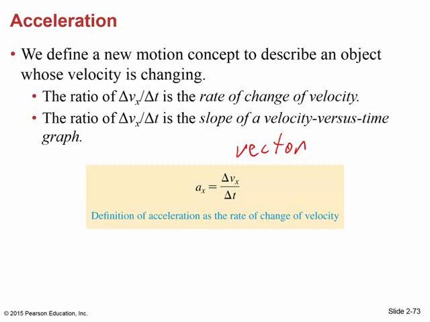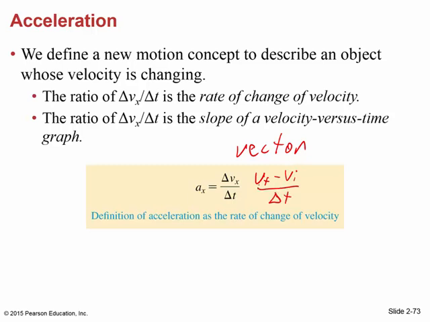Now, how do we find acceleration? It says the ratio of velocity versus time is the slope of the velocity versus time graph. Well, no duh. And of course the ratio of that is the rate of change of velocity, which is acceleration. Now don't forget, we can say v final minus v initial over the change in time.